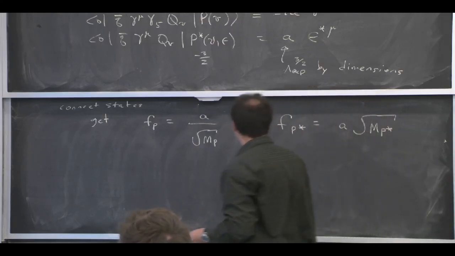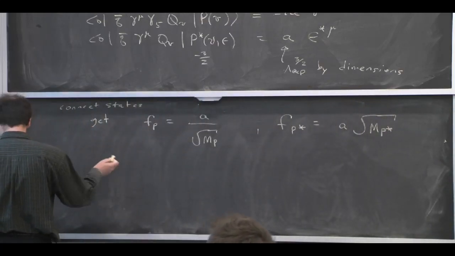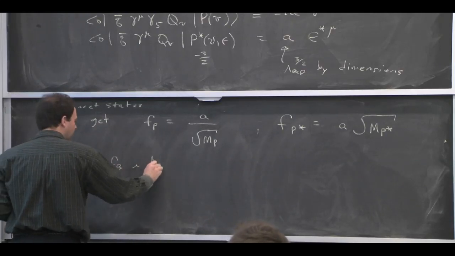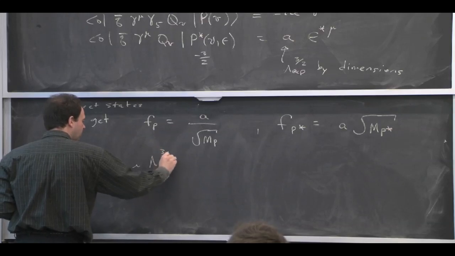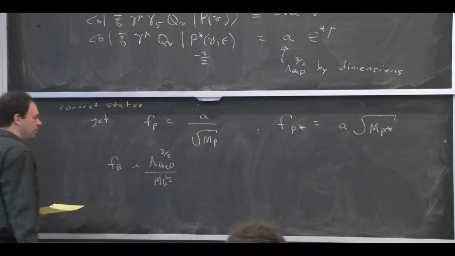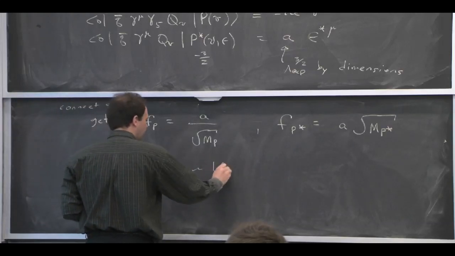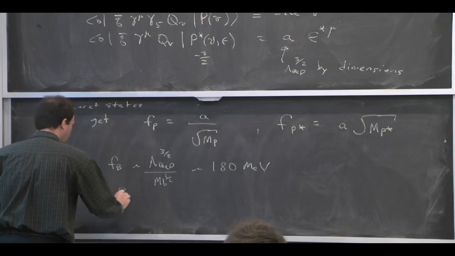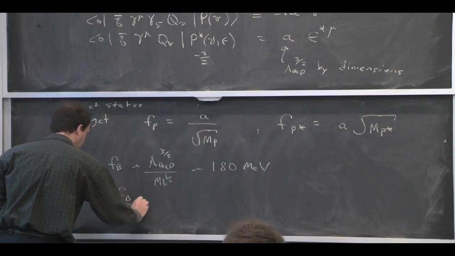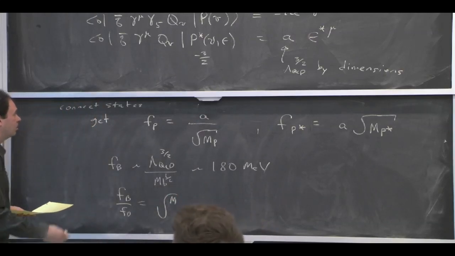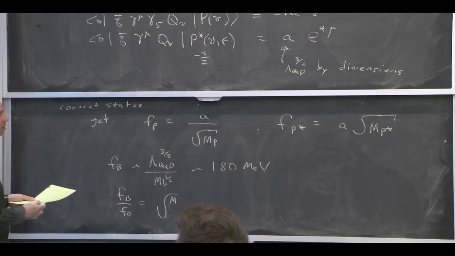So you can make predictions from this. So for example, you could take FB, and you could say, well, how big should FB be? Well, now that we've figured out how to do dimensional analysis, it should be of this size, and that gives you something that's not too far off. Or you could take FB over FD, and you could predict, because actually we don't care whether it's a charm quark or a B quark.